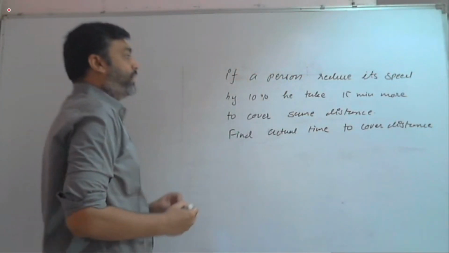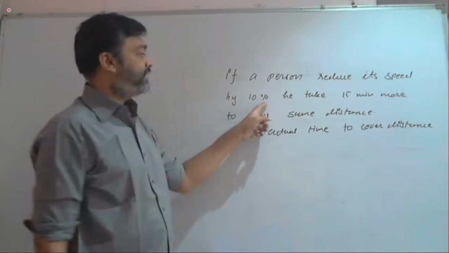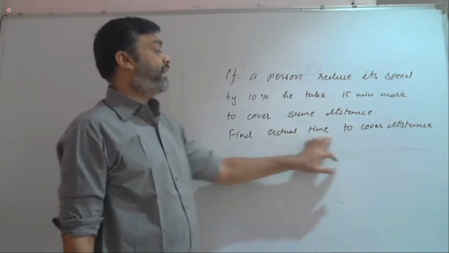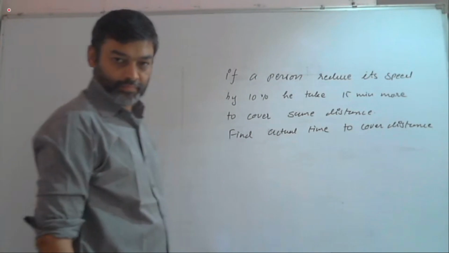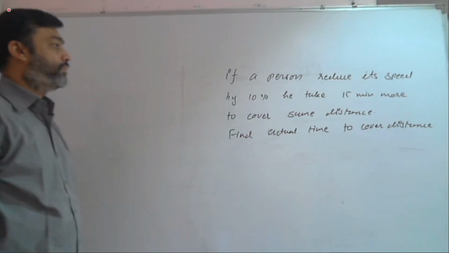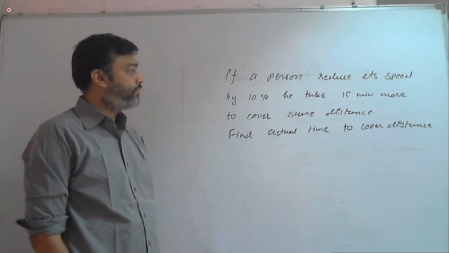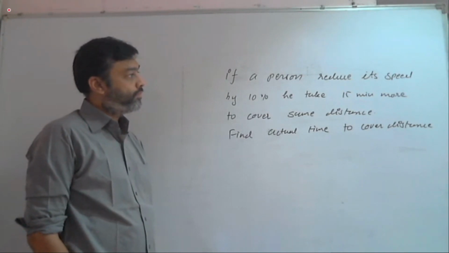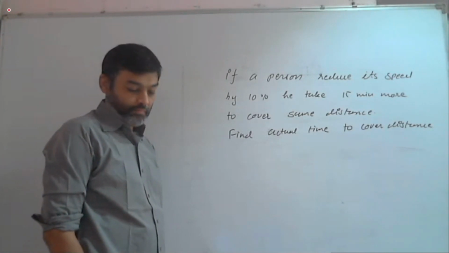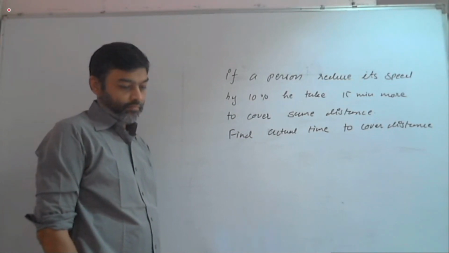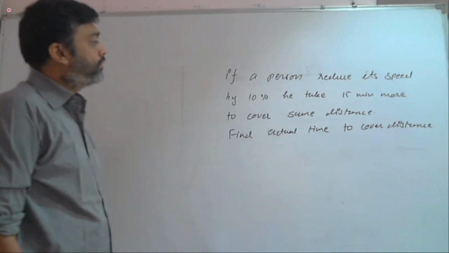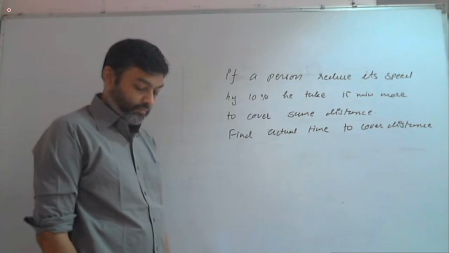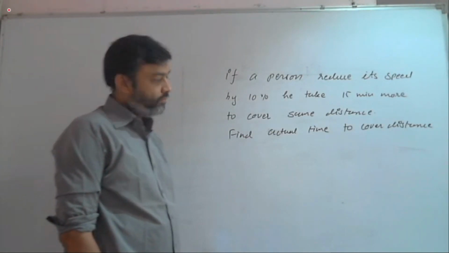Let me read it for you. If a person reduces his speed by 10%, he takes 15 minutes more to cover the same distance. Find the actual time to cover the distance. Can you solve this question?